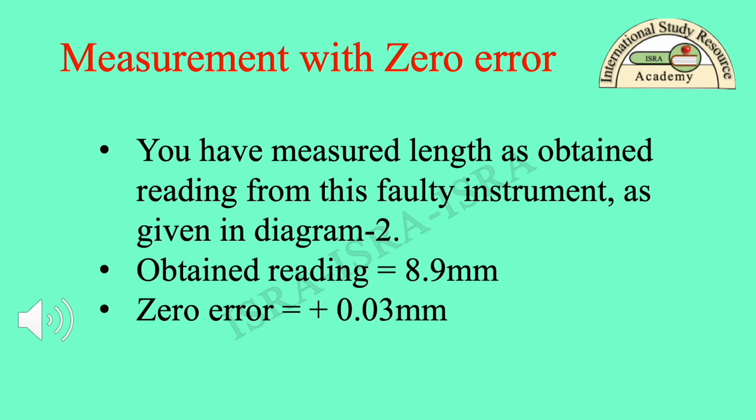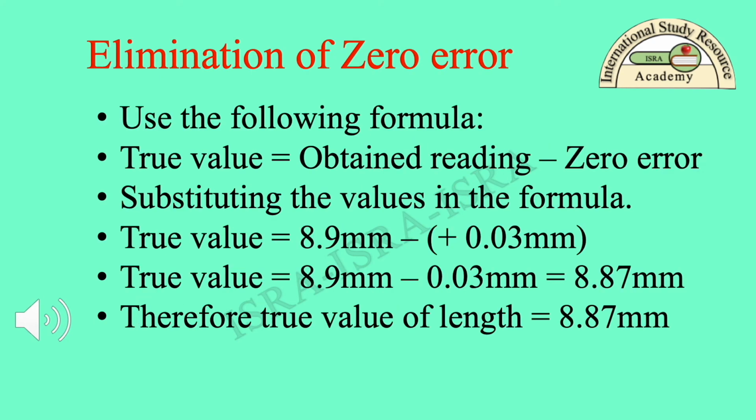Similarly, you have measured positive zero error of this micrometer when its jaws are fully closed. The zero error measured is equal to positive 0.03 mm. Elimination of zero error. Use the following formula. True value is equal to obtained reading minus zero error.